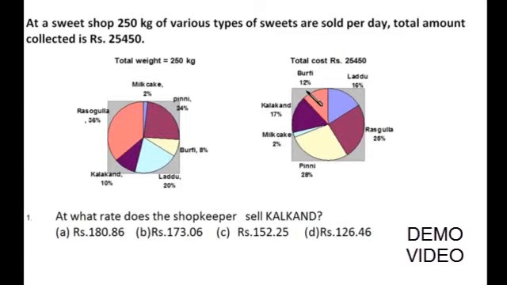It's 2%. So 2% of 25450 is around 500 rupees, right? So this milk cake, the weight is 5 kilogram, and the cost price of that 5 kilogram is around 500 rupees. Okay, so this is how the calculation is done.